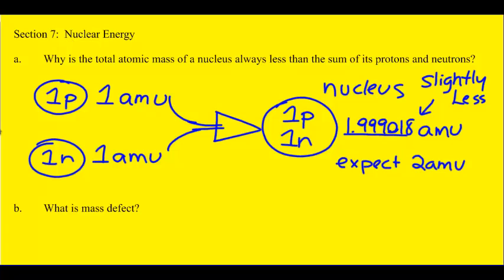Albert Einstein is the guy that came up with this idea, that when the nucleus is formed, some of the mass is converted to energy.